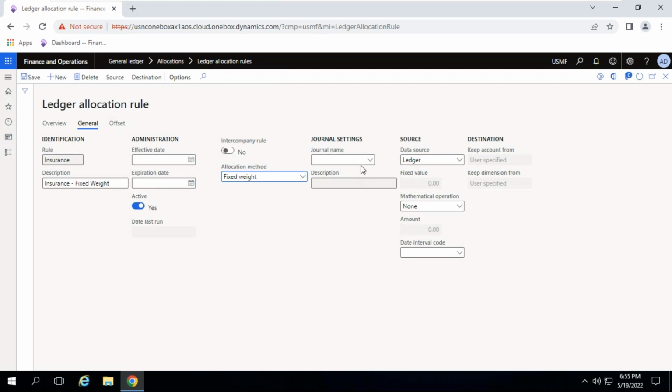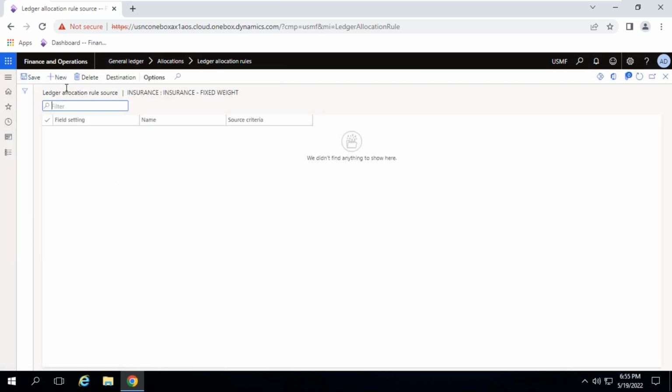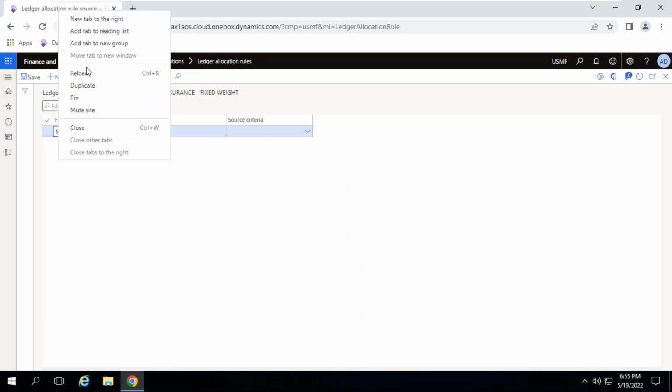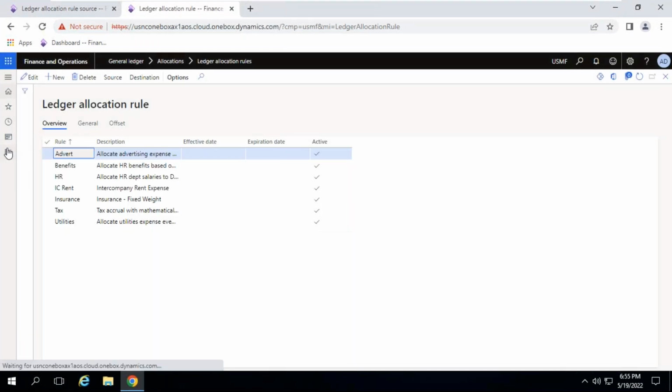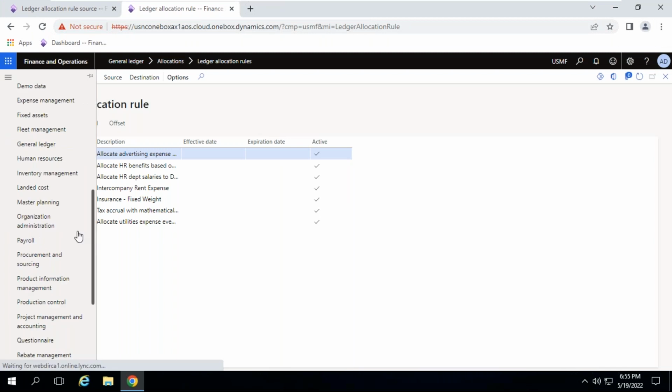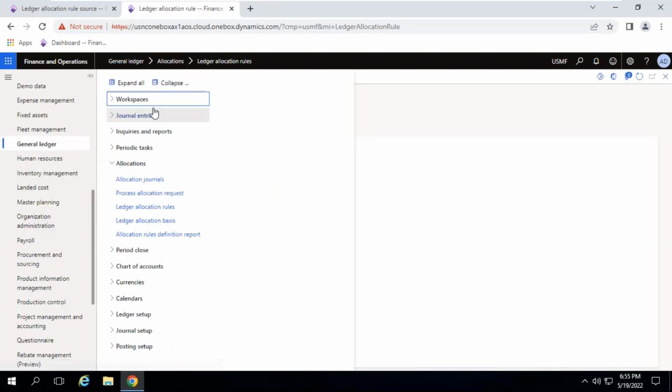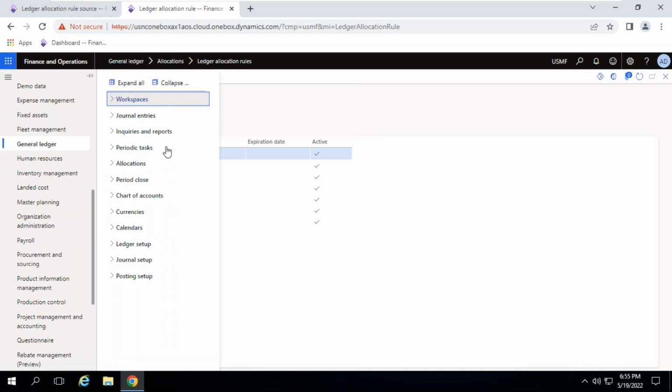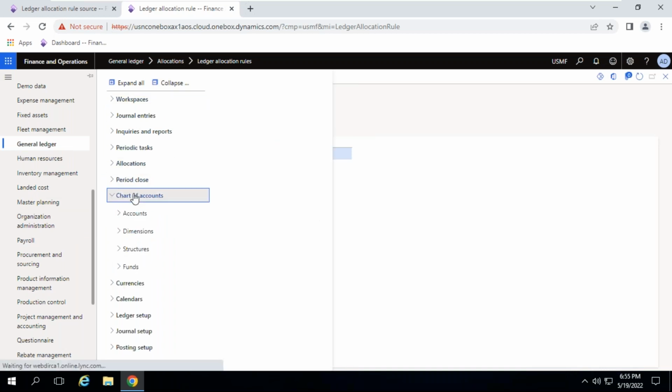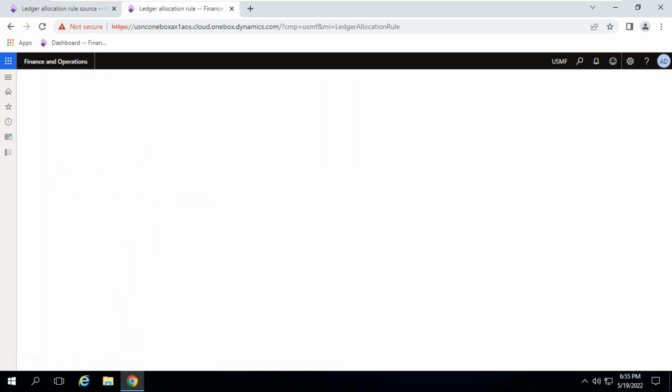Next, you need to select the journal name, allocation. Now you can go to source and mention the main account. For which account? For better understanding, I will create one main account in general ledger, chart of accounts, main accounts.